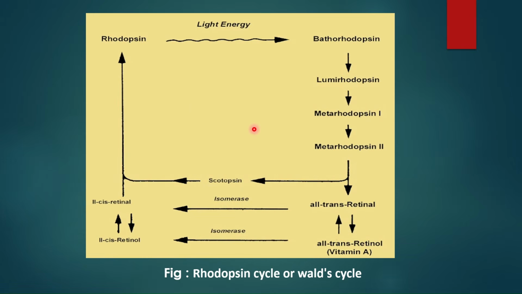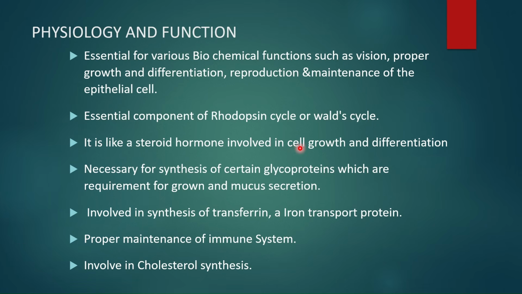Vitamin A is like a steroid hormone involved in cell growth and differentiation. It is necessary for synthesis of certain glycoproteins which are required for growth and mucus secretion. It is also involved in synthesis of transferrin, an iron transport protein. Vitamin A also plays a crucial role in maintaining our immune system. It is also involved in cholesterol synthesis.